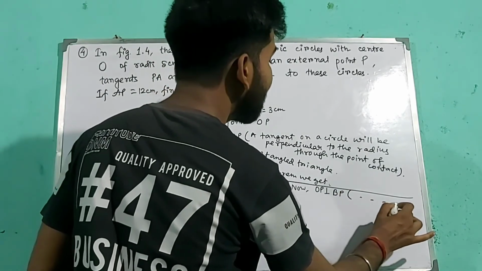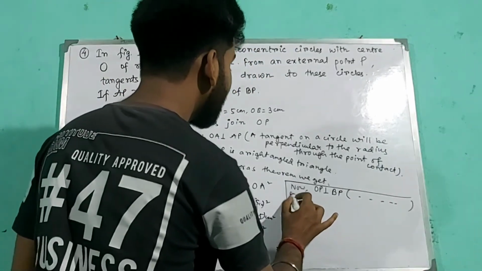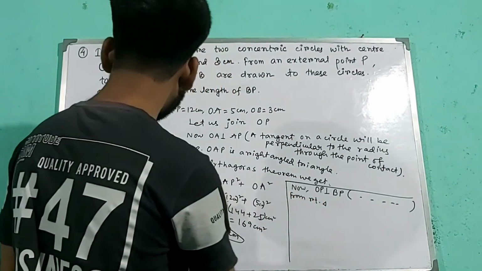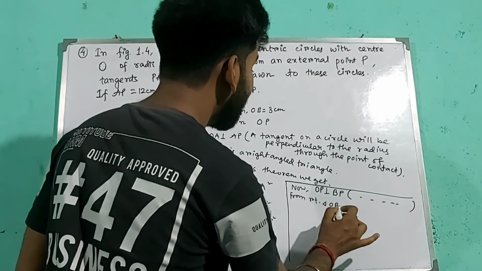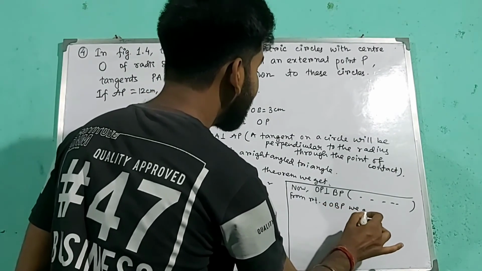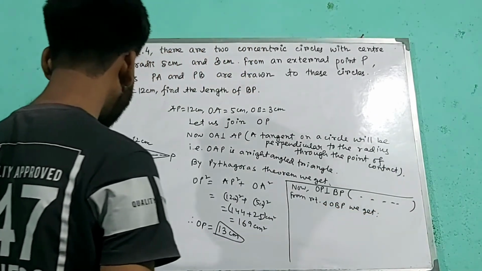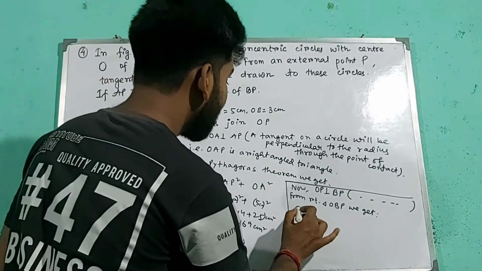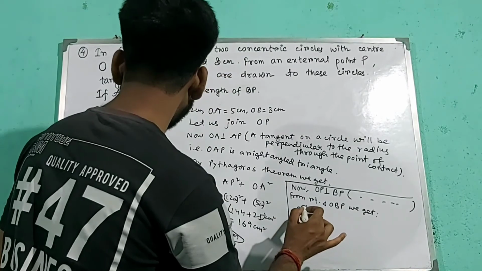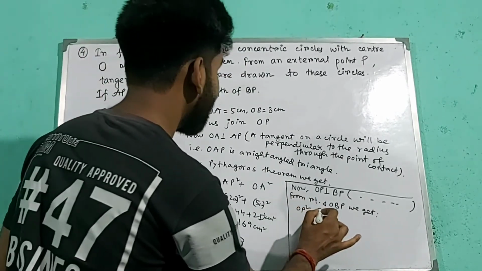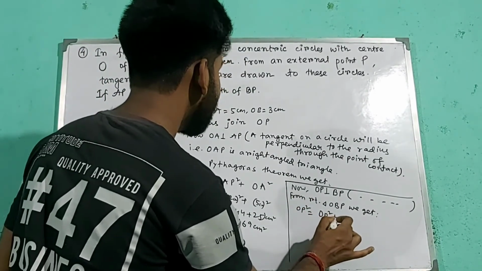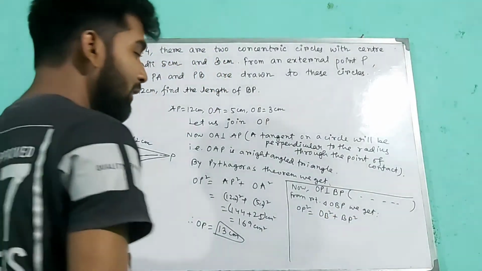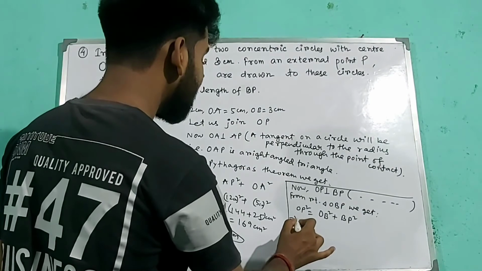From right triangle OBP, using the same Pythagoras theorem, OP square will be equal to OB square plus BP square.